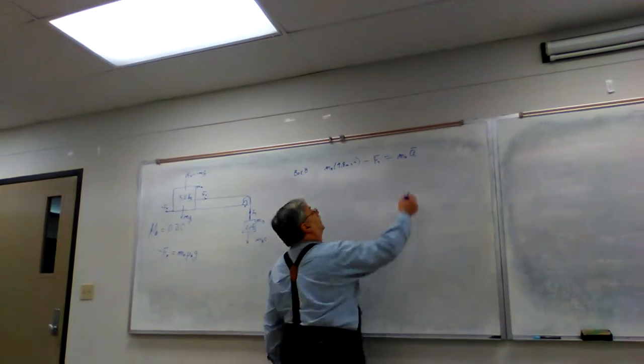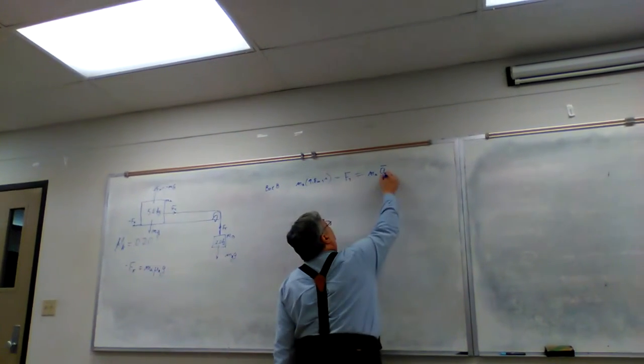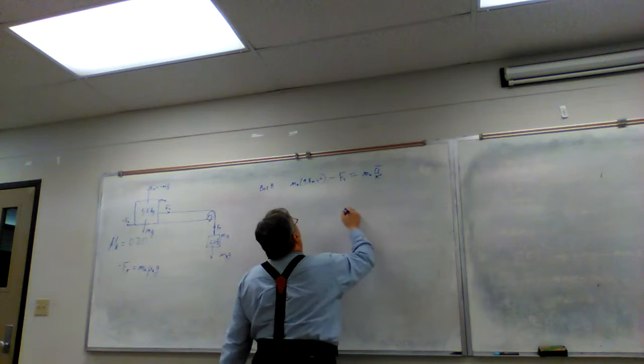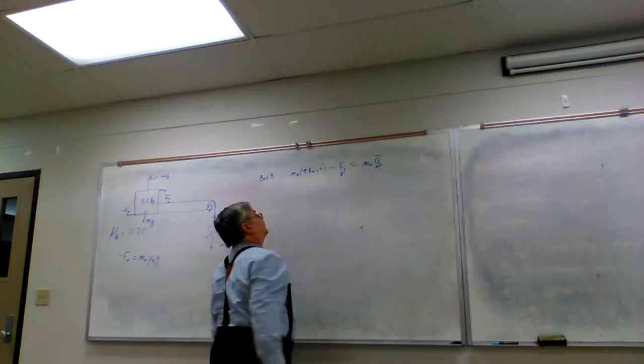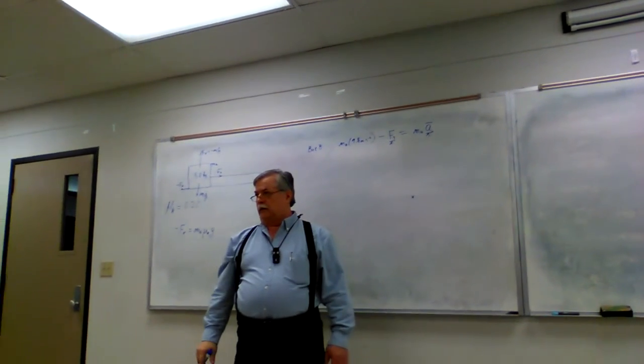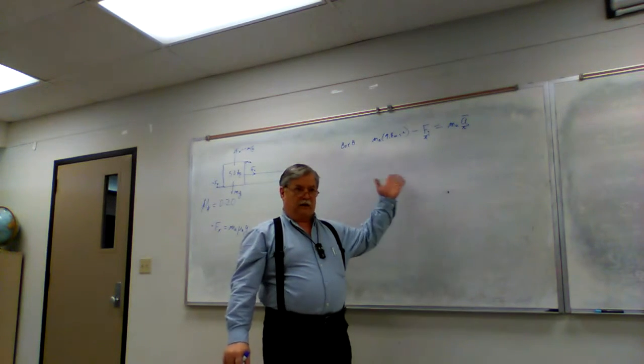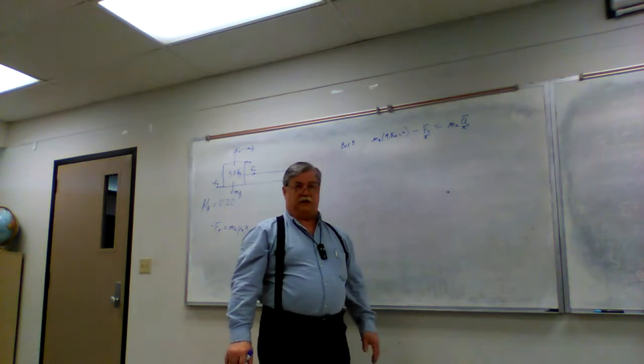We don't know yet what the total acceleration is going to be, and we don't know yet what the force of tension is. But we know they're there, and that algebraically they fit together like this.